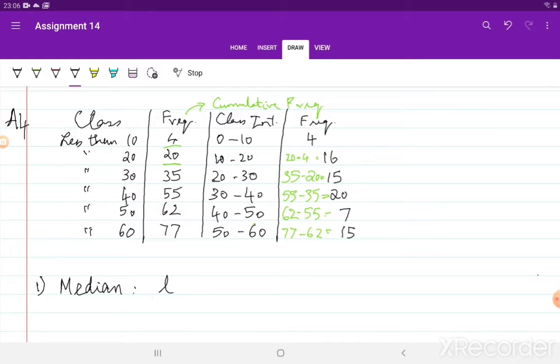Now, to find the median value, the formula is L plus n by 2 minus m divided by f into C. I hope you remember what those are. N by 2 will be 77, the total number of observations, divided by 2, which is equal to 38.5. You can round it off to 39.